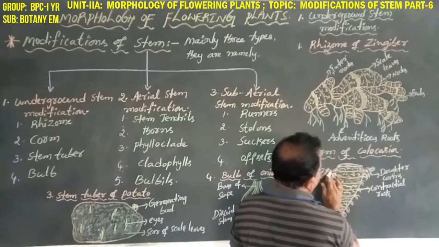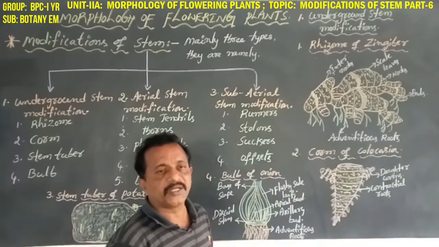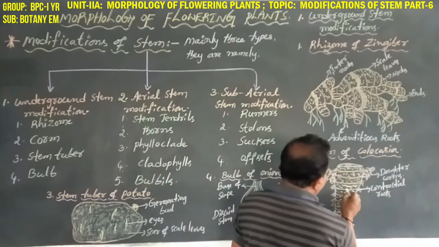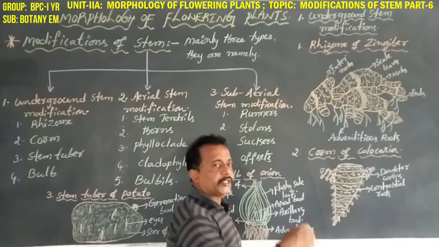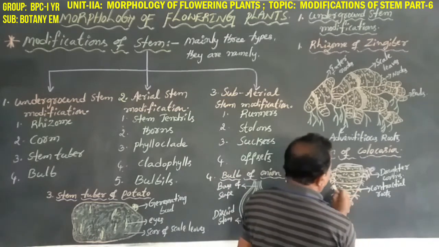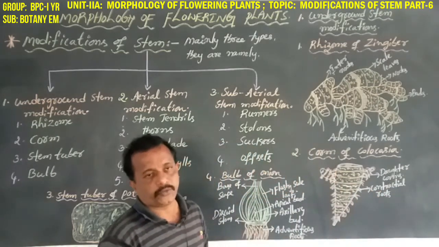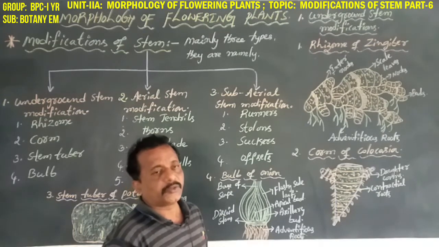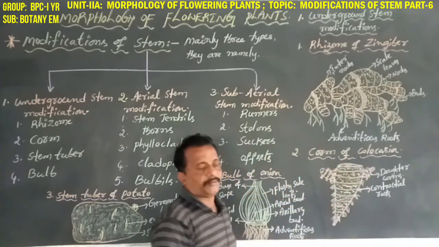It only develops daughter corms, and it also has nodes and internodes. These nodes partially develop contractile roots. So these are the characteristic features of the corm of Colocasia.